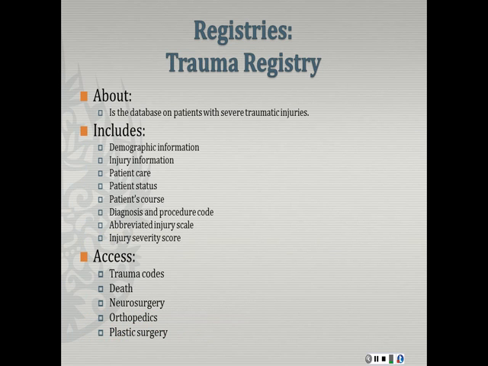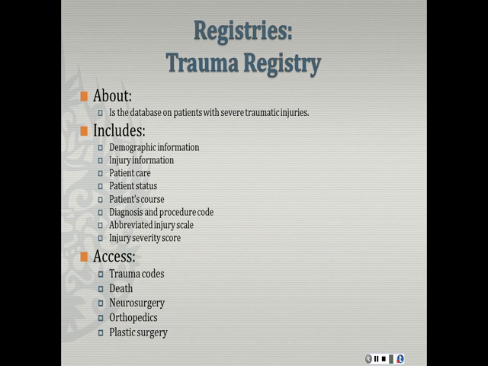Now, the trauma registry is basically a database for patients who have had severe traumatic injuries, such as an automobile accident, a gunshot, stabbing, a mugging, rape. I would assume that would be it. That wasn't listed, but or falls.